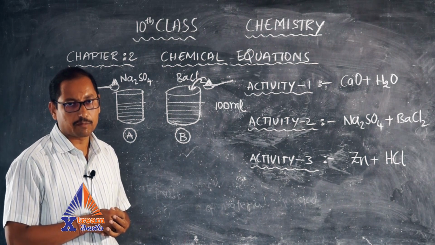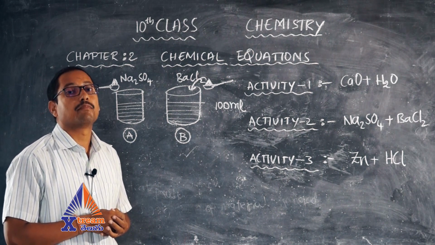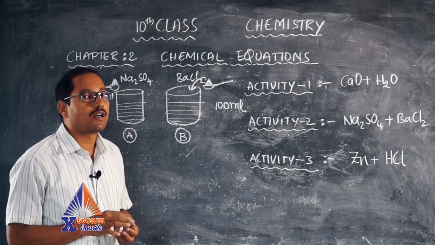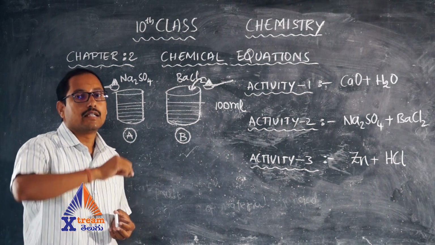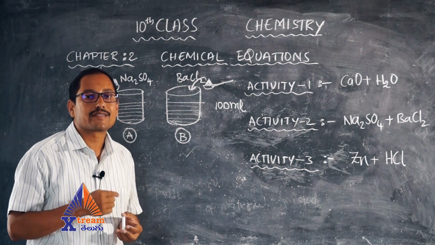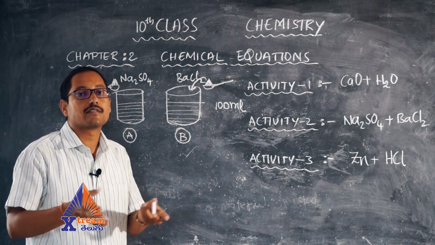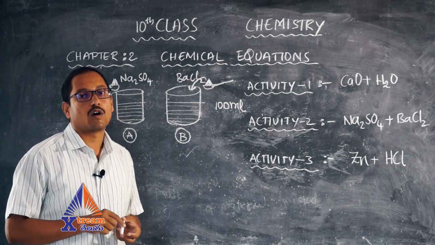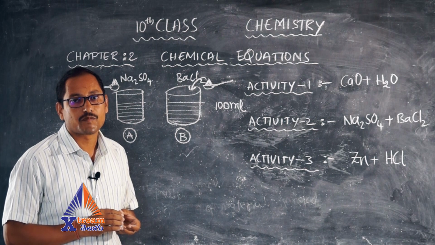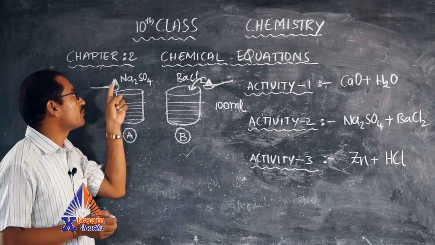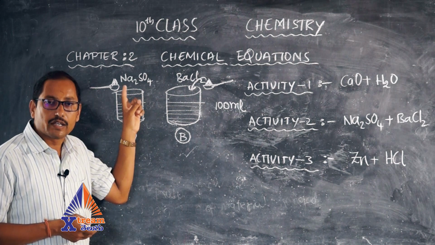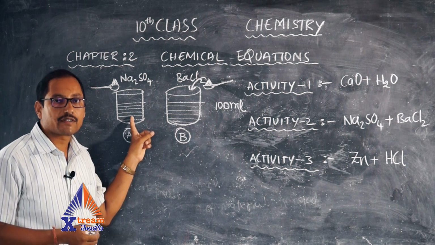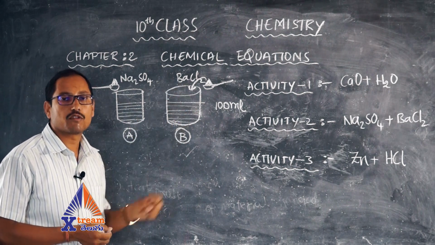For example, if you take water and add 1 spoon of salt and stir, the water still remains colorless and transparent. Why? Because the salt has dissolved into water. Same way, 1 spoon of sodium sulfate mixed into water dissolves, producing a transparent solution. The same happens with the solution of barium chloride also.